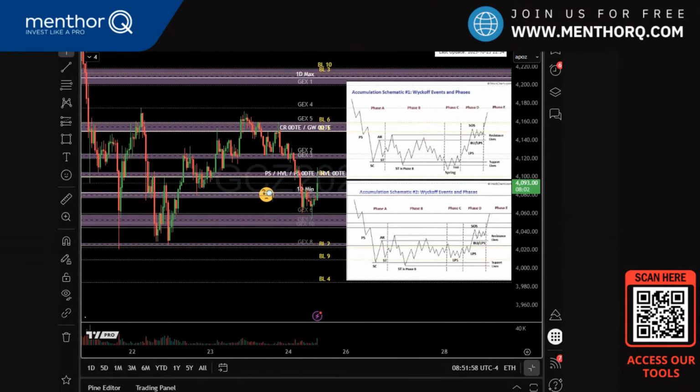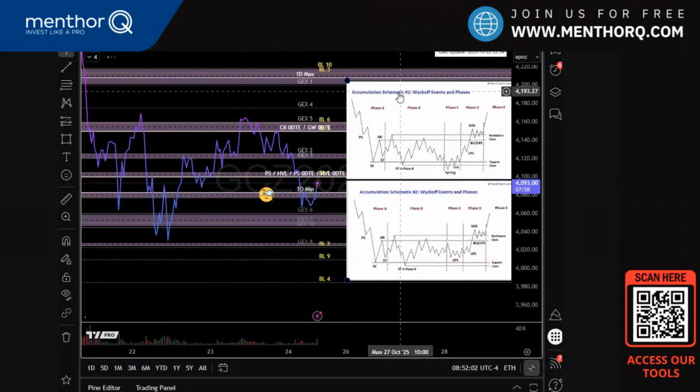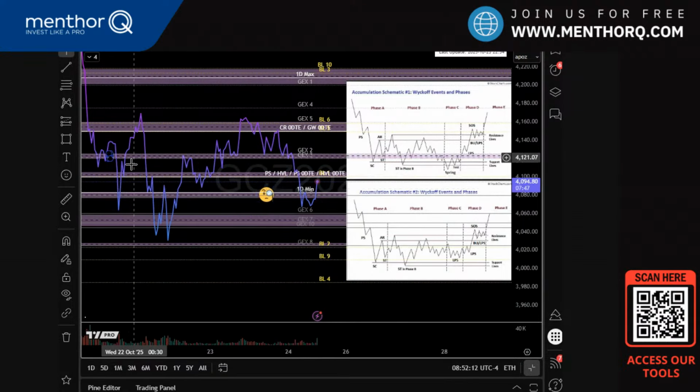So for example, today we were talking about one of the schematics of Wyckoff accumulation and distribution, depending on where we are, because perhaps right now we have accumulation on gold and distribution on the indexes.